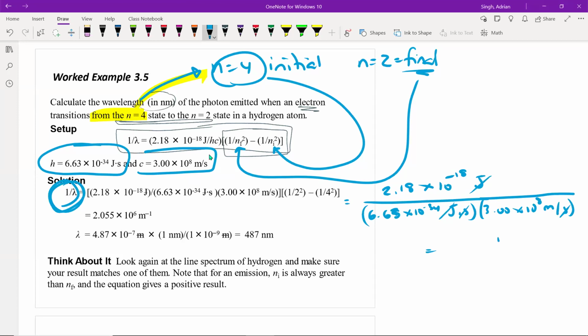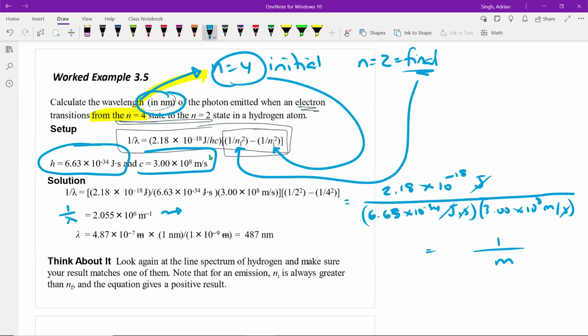So the unit of length there is in the denominator. What we want to do is convert it, because we want the wavelength in nanometers. What we have actually found is 1 over lambda is equal to this.